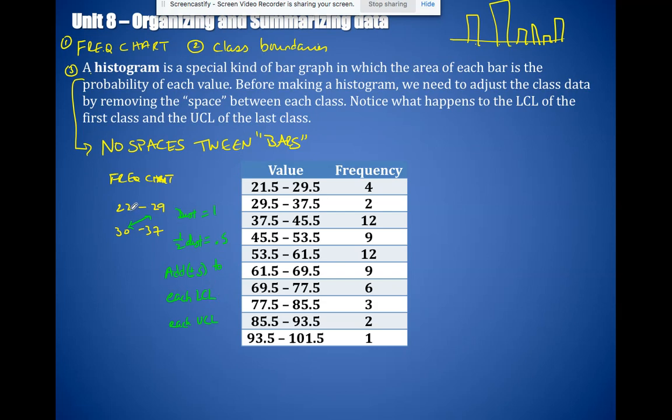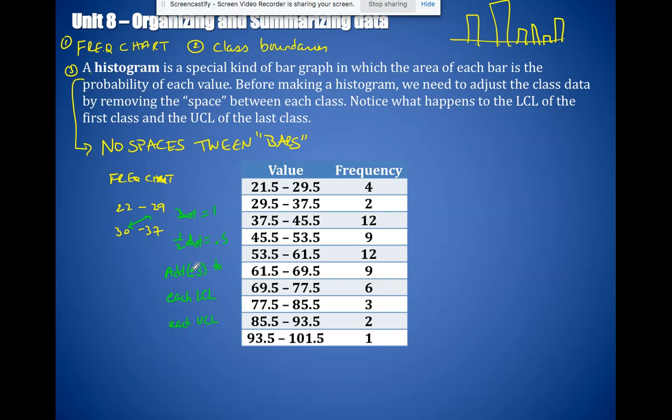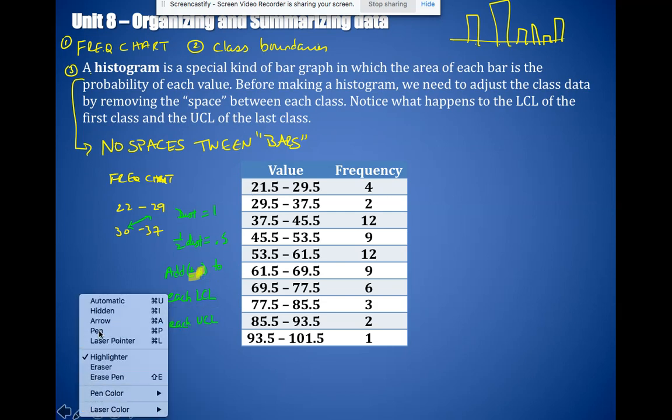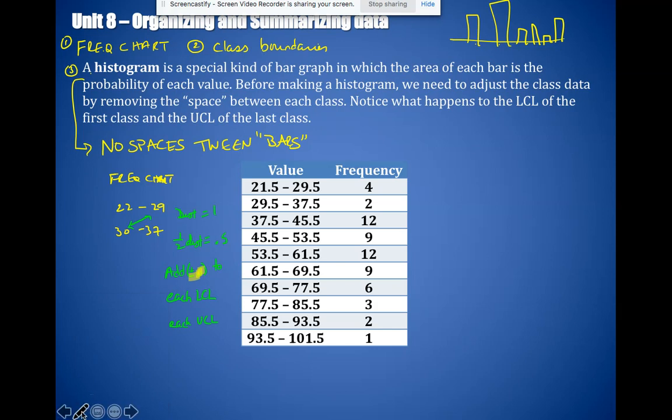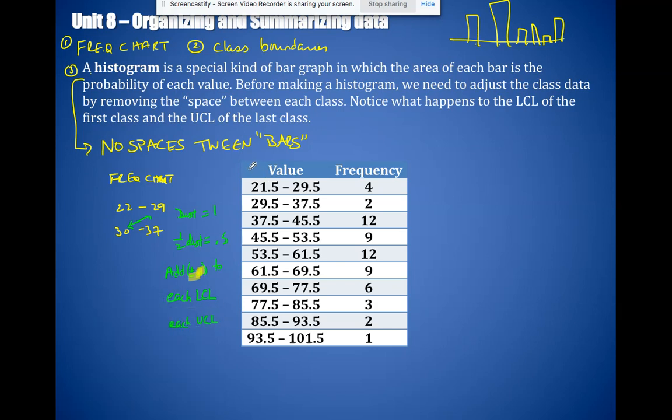My actual first lower class limit was 22. I took my minus 0.5 and I subtracted 0.5 from each. Minus 0.5, where did I get the 0.5 from again?